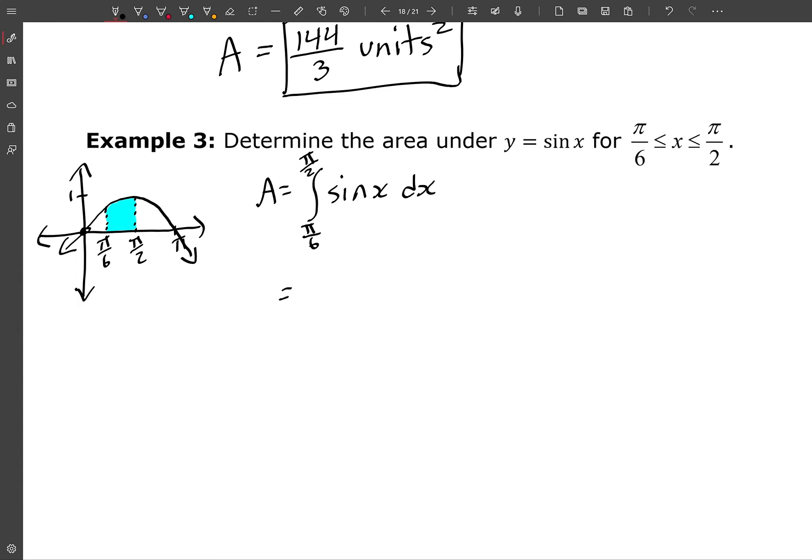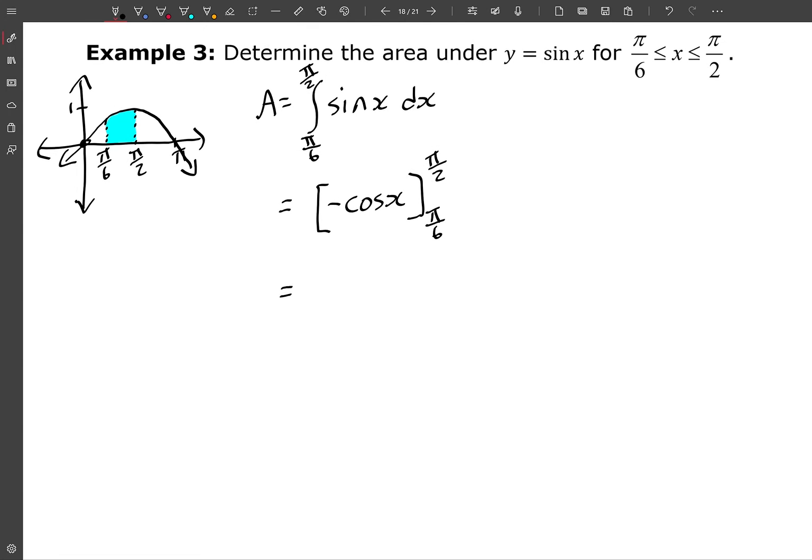This one's not so bad. The antiderivative of sine x is negative cosine of x. And we're taking that from pi over 6 to pi over 2. So this is going to be negative cos of pi over 2 minus negative cos of pi over 6. There we go. And cos of pi over 2 is just 0.